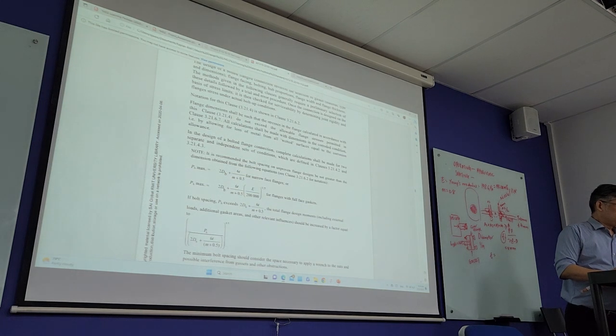So it is recommended the bolt spacing on unproven flange design be not greater than the dimension obtained from the following equation. Okay, so in this case, you have to substitute.